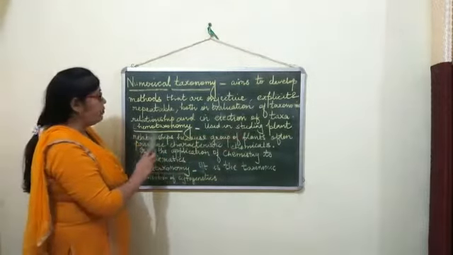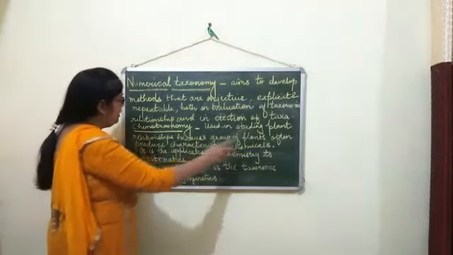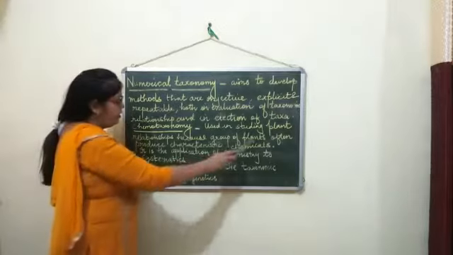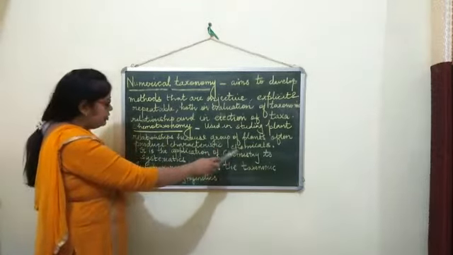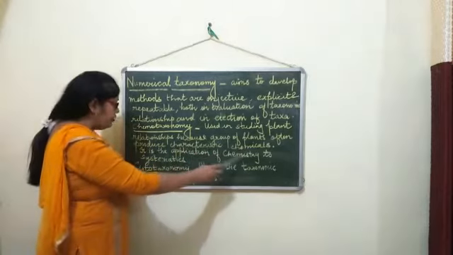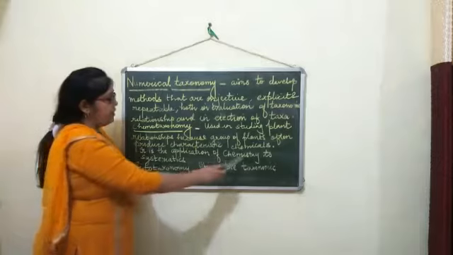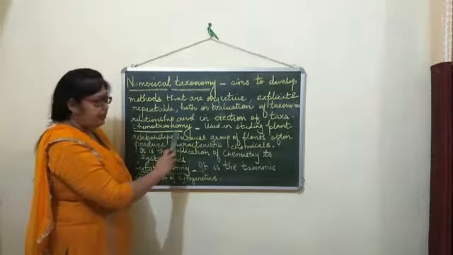When we come to chemotaxonomy, this is used in studying plant relationships because group of plants often produce characteristic chemicals. So it is the application of chemistry to systematics. So application of chemistry to systematics is chemotaxonomy.